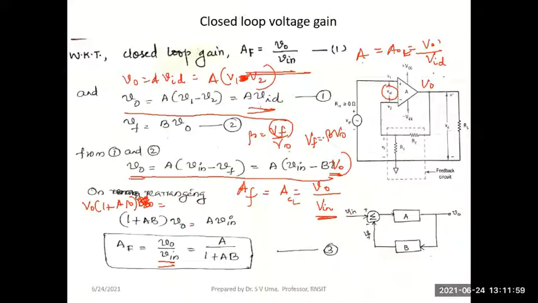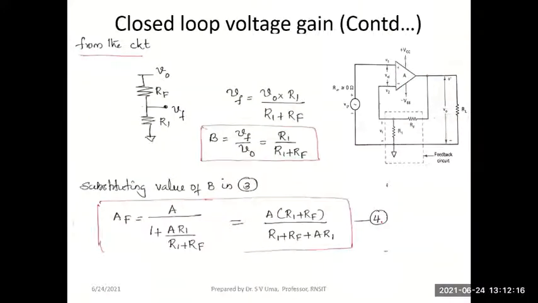Okay. So I can write this whole circuit simply like this: basic amplifier A, the feedback network beta, and the mixing or adding network on the input side. So I think we'll stop here and we'll derive the expression for closed loop gain in the next class.